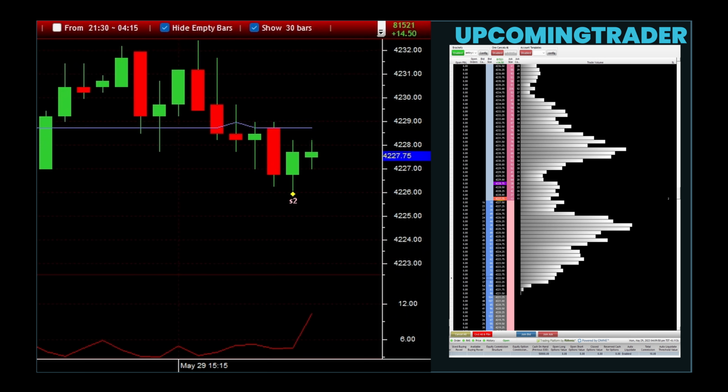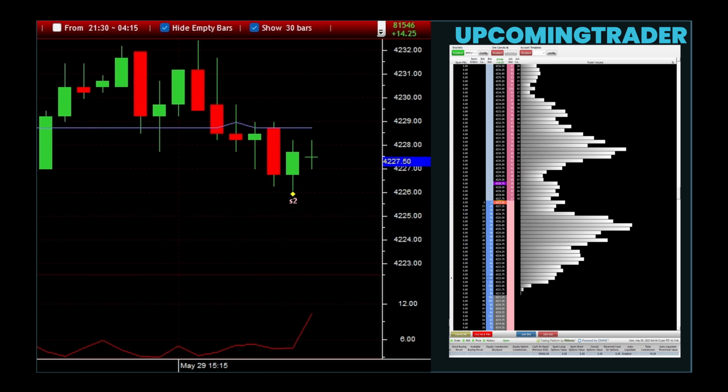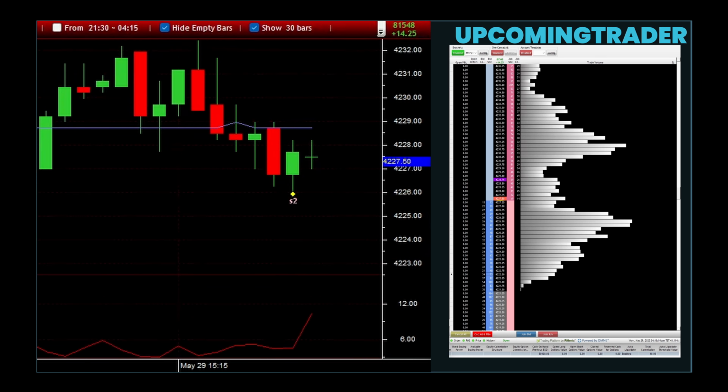There are 3 types: ascending, descending, and symmetrical. Ascending triangles are bullish and often signify that the price is likely to break out upward. If an ascending triangle forms and the price moves above the EMA, it provides extra confidence in a bullish breakout.